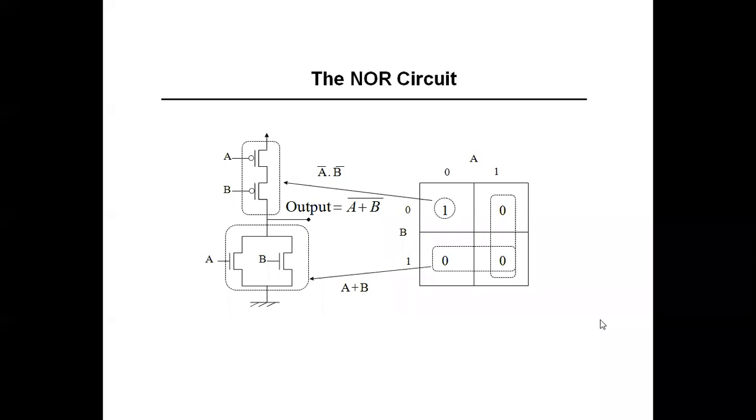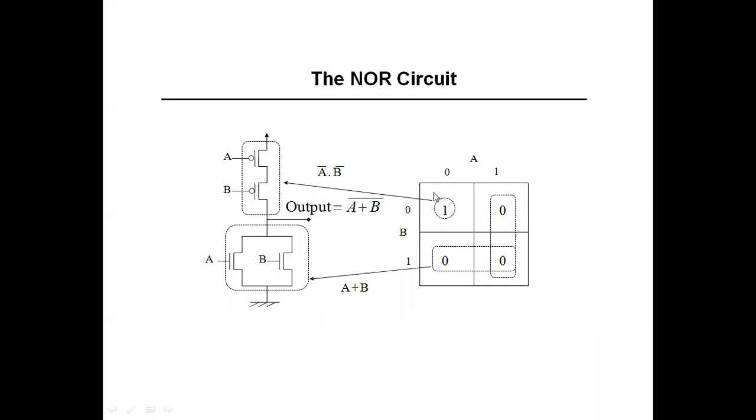Okay, now first tell me what the truth table for the NOR gate is: 1000. That means except for 00, for the rest of the combinations you will get zero output.